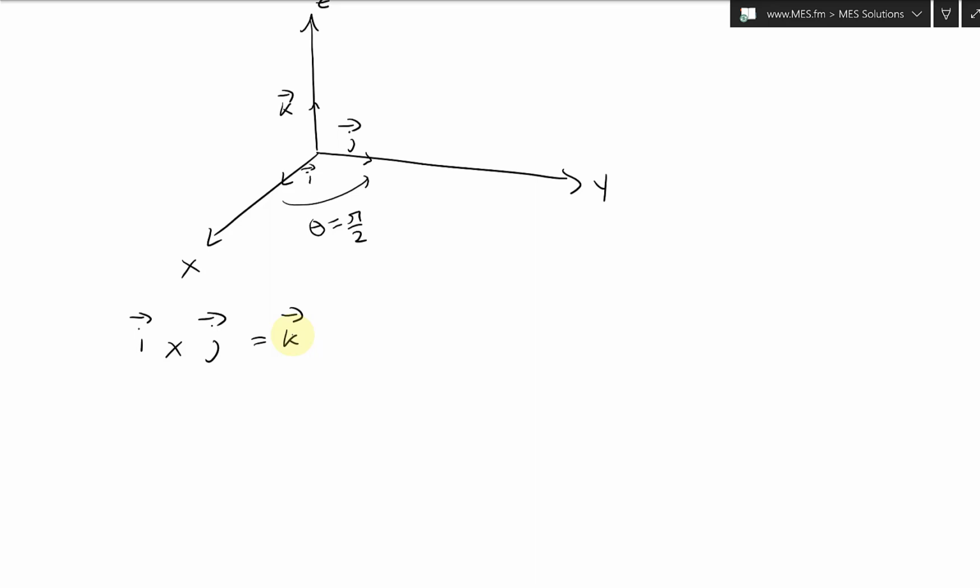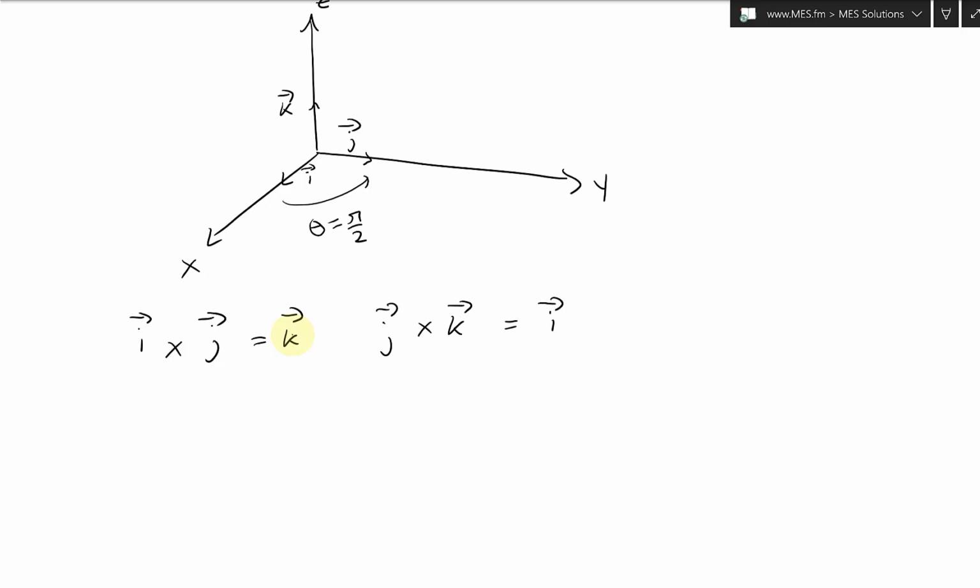Now if we go j cross k, this angle's like this, a right angle, and the thumb's going to stick out this way if you just use your right hand. So you're going to get j cross k is equal to i.